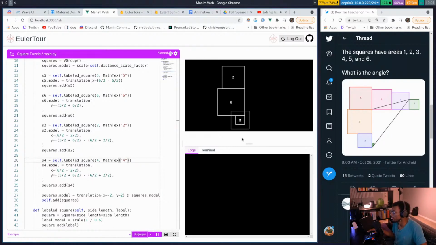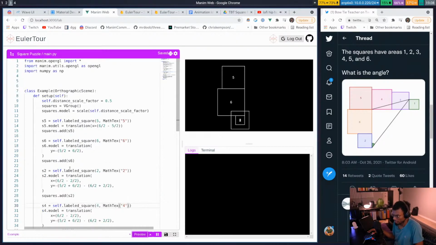Now, one thing, there should be a way. Well, maybe that wouldn't be that helpful. I was thinking there should be a way to just take the translation from another square, which there is. But there's a chance that wouldn't be that helpful anyway.